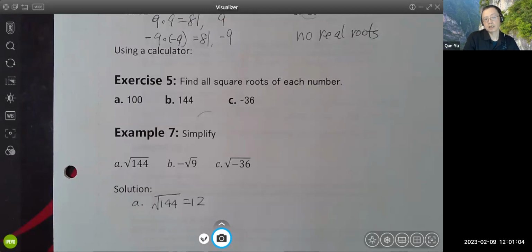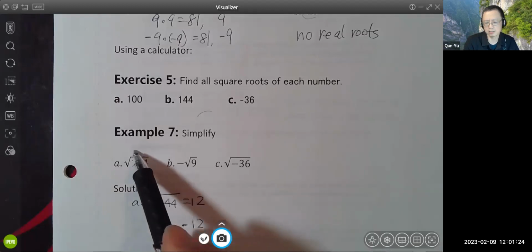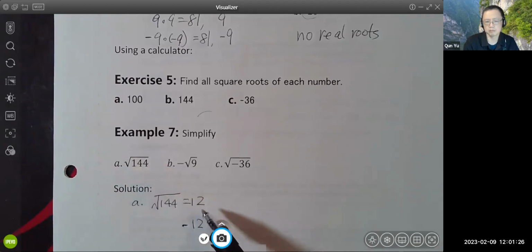But we all know that negative 12 times negative 12 is also 144. So negative 12 is also our root. It's also our answer. But why don't I get this negative 12 from the calculator? Why, when I did exactly this operation, do I get a positive 12 but not negative 12?